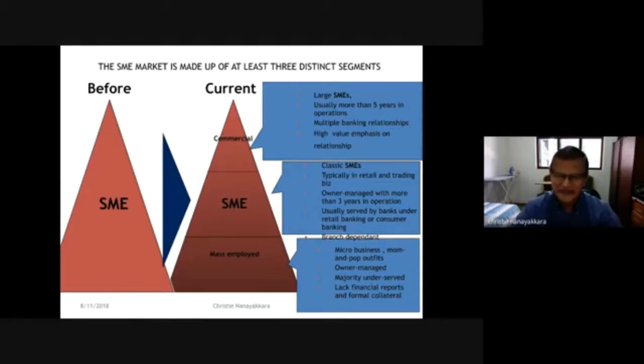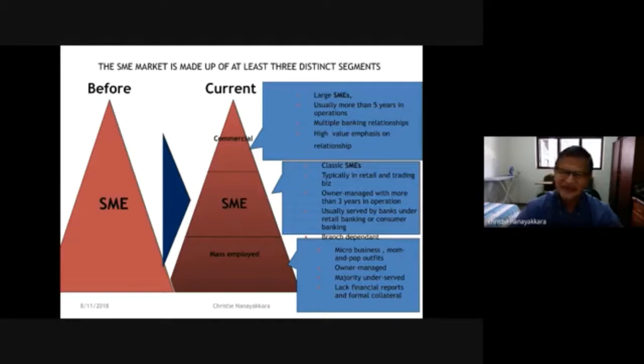So that sector also has evolved now, and the central bank also says any customer whose annual turnover is less than 600 million and a customer who has not borrowed more than 35 million from a bank belongs to SME. So we have a lot of commercial institutions falling into this category, and they represent this commercial sector of the SME.